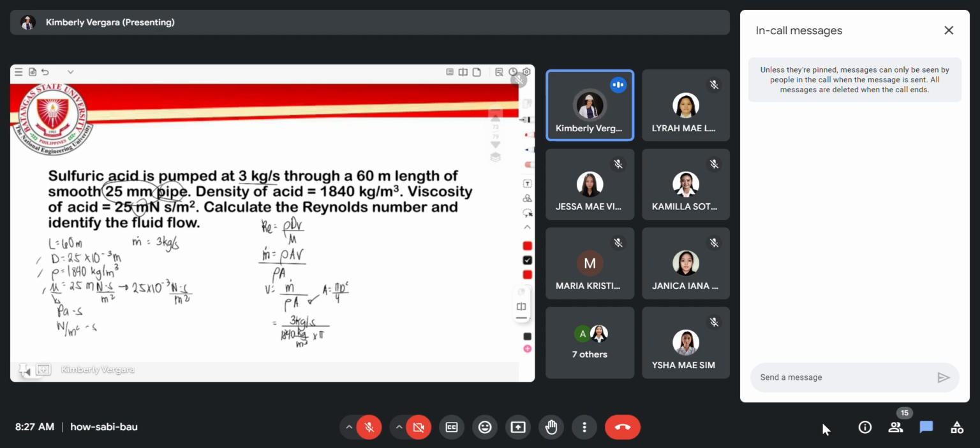Substitute pi, and what is our diameter? 25 times 10 raised to negative 3 meters, squared, all over by 4. So what will be our answer for the velocity? Kindly calculate using a calculator and type it in our chat box.